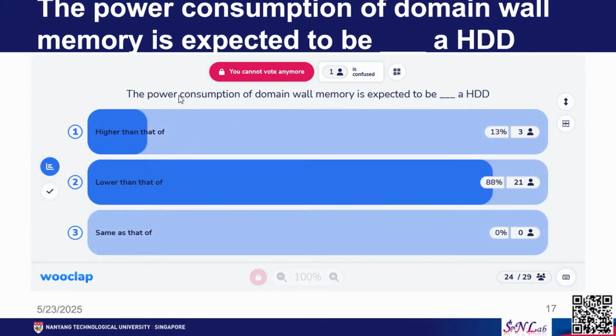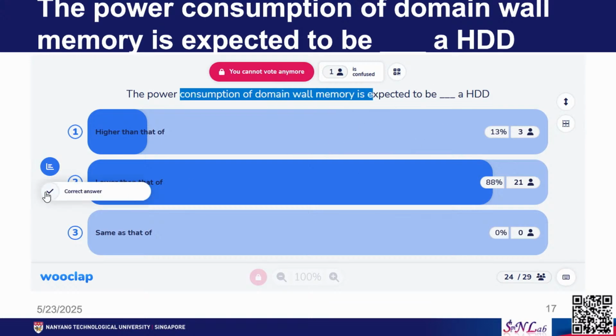Okay, most of you are right. So, power consumption of domain wall memory is expected to be lower than that of a hard disk drive.